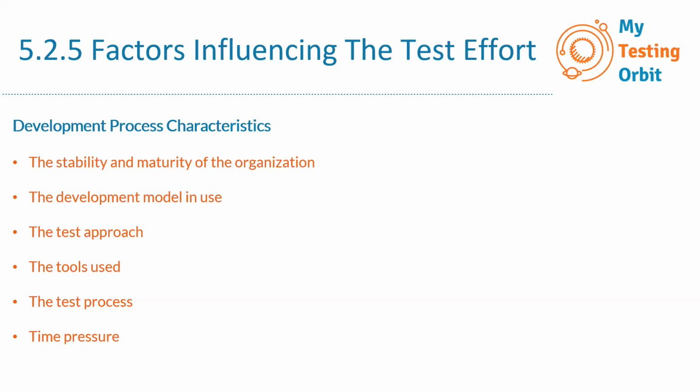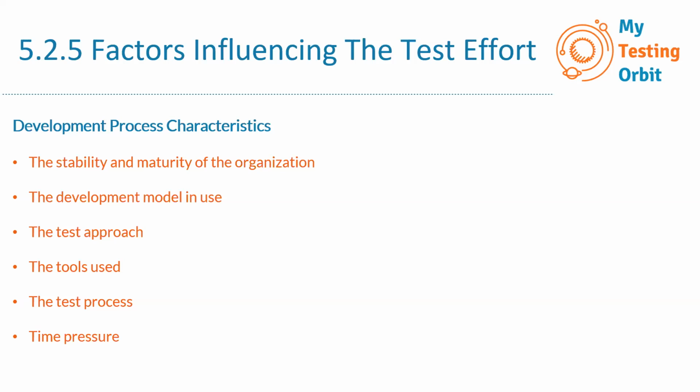So that's why this is a key factor which affects the way we are estimating the test effort. So the first one, as we said, is the stability and maturity of the organization. Then is the development model in use, that is, what kind of model we are using. Either we are using an agile model, we are doing DevOps, we are doing sequential. So it all matters as well.